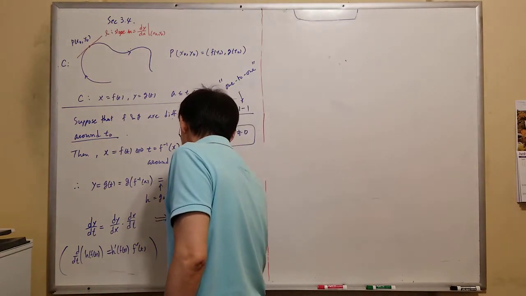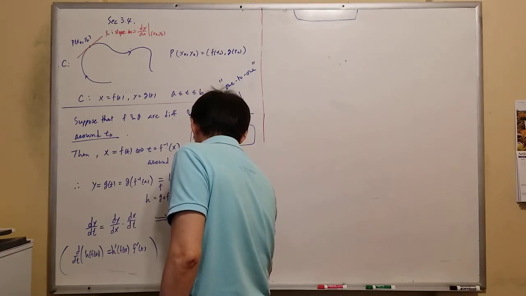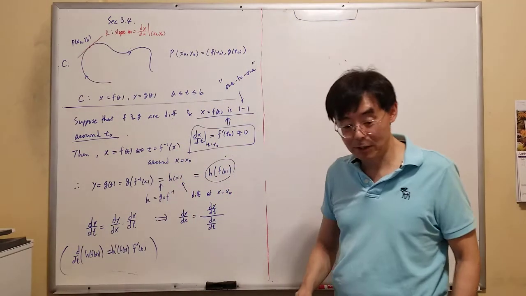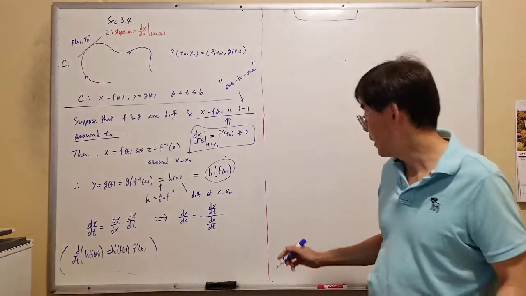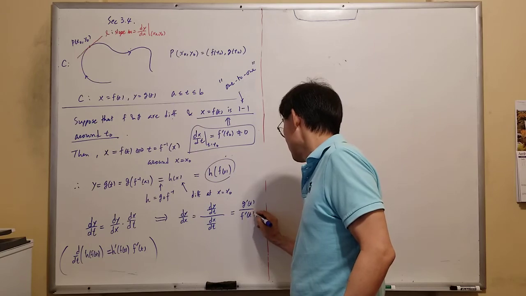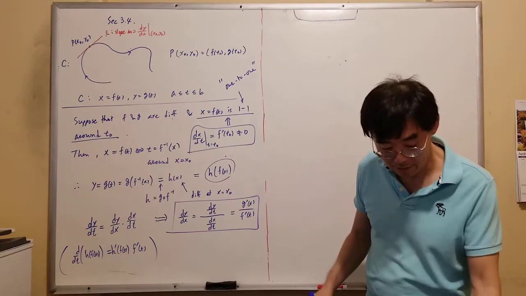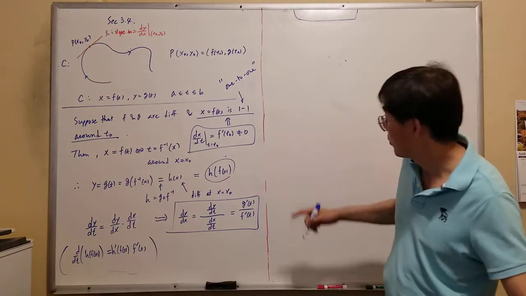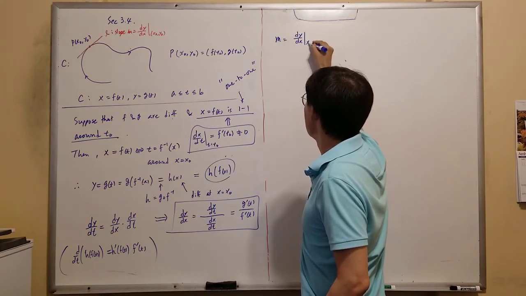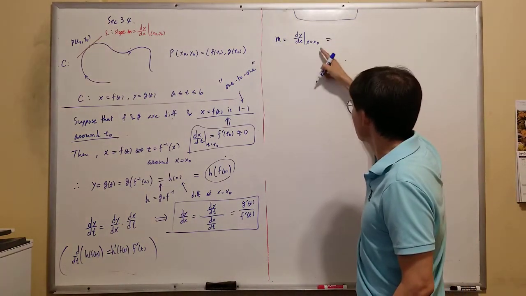So dy over dx must be dy over dt over dx over dt, whenever dx over dt is not 0, which is just g prime of t over f prime of t in this case. This is how you get dy over dx valid. Here, our slope of the tangent line is dy over dx when x equals x0 and y equals y0, of course, which will correspond to t0.